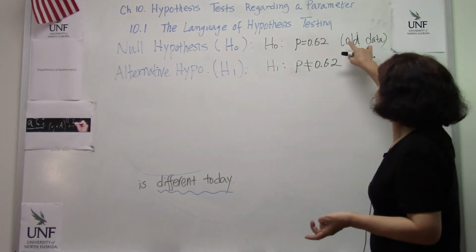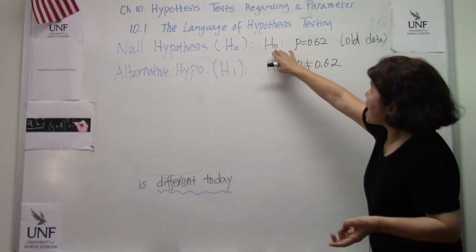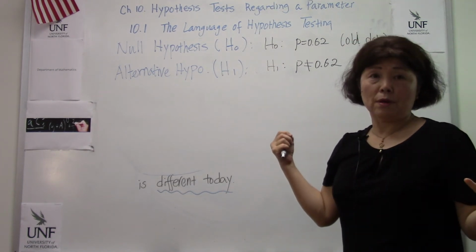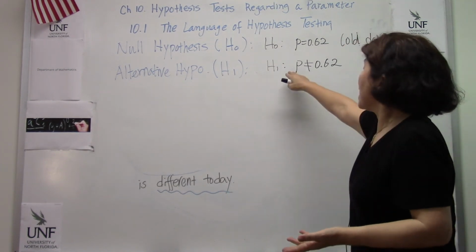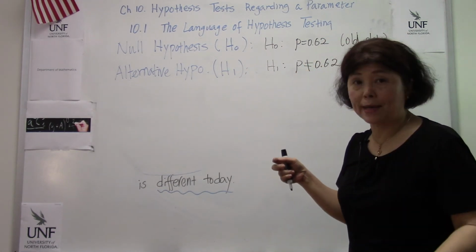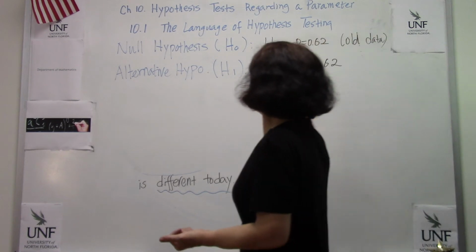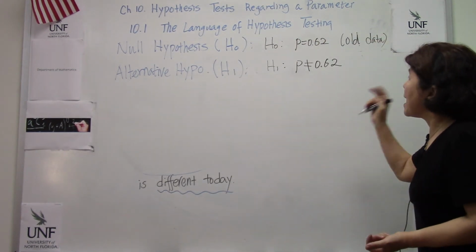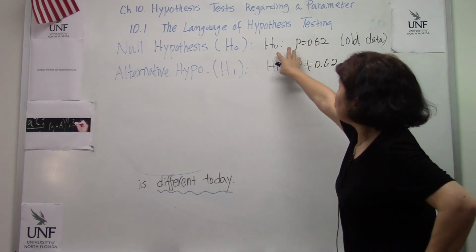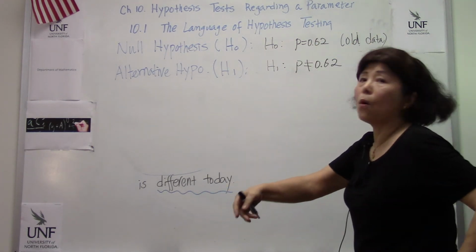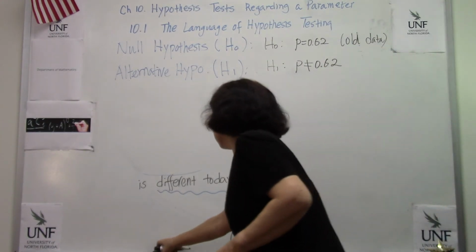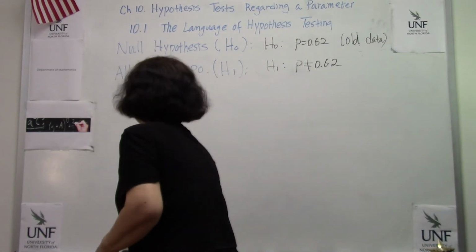And this old data, this H naught, is believed to be true until H1 really brings some evidence to say otherwise. All right? So in order to say whether H naught is still true or not true anymore, we have to go through a test.